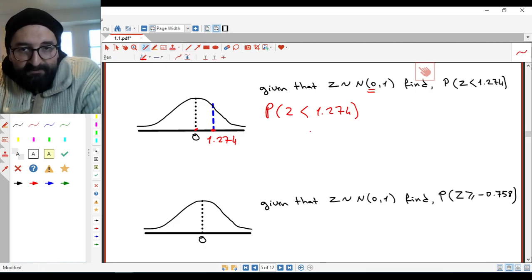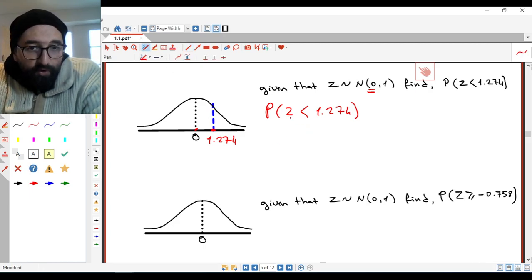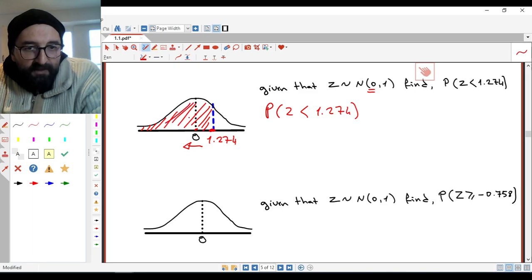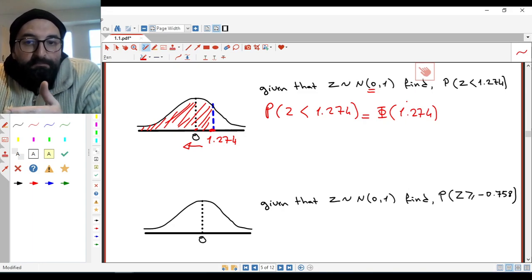You are looking for z less than 1.274, which is to the left of this point. This part is the big area, and phi of 1.274 gives us the big area, and I am also looking for the big area.